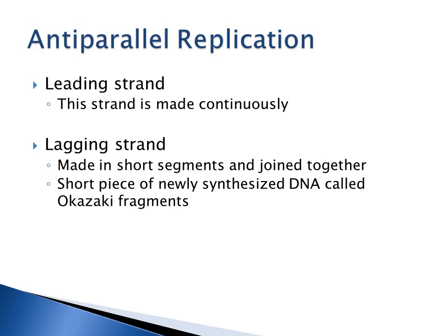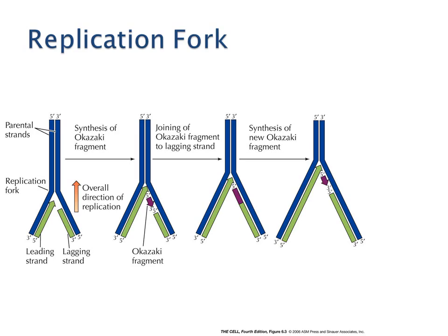So in the lagging strand, you have tiny pieces of newly synthesized DNA being made that are then going to be glued together. These short pieces of newly synthesized DNA in the lagging strand are called Okazaki fragments.